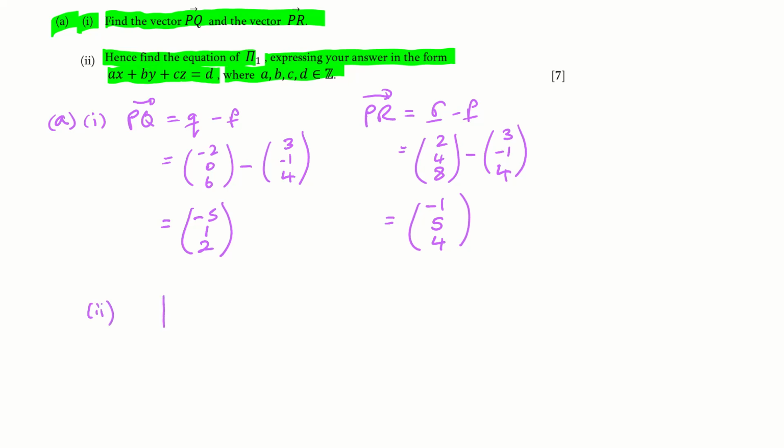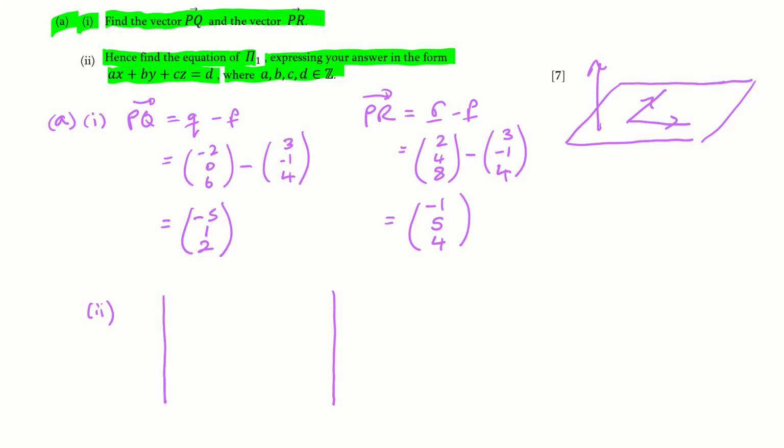So we want a vector that's perpendicular to those two vectors. Those two vectors are vectors in the plane. We want the normal, and we do the cross product to get a vector which is perpendicular to the first two.